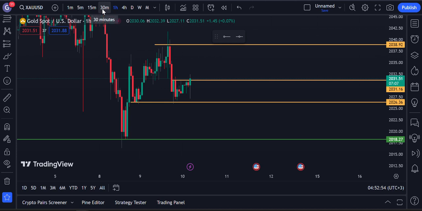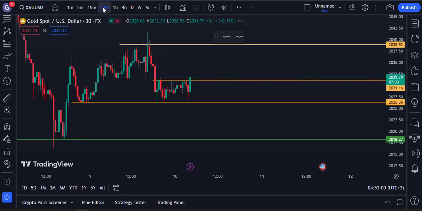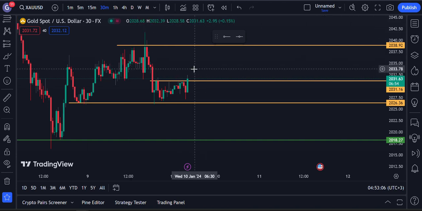But what is the time right now? It's 4:52 a.m. in Kenya. So I think it's too early to take a trade, as the most ideal time to trade is when there is volume. And when do we have volume in the markets?